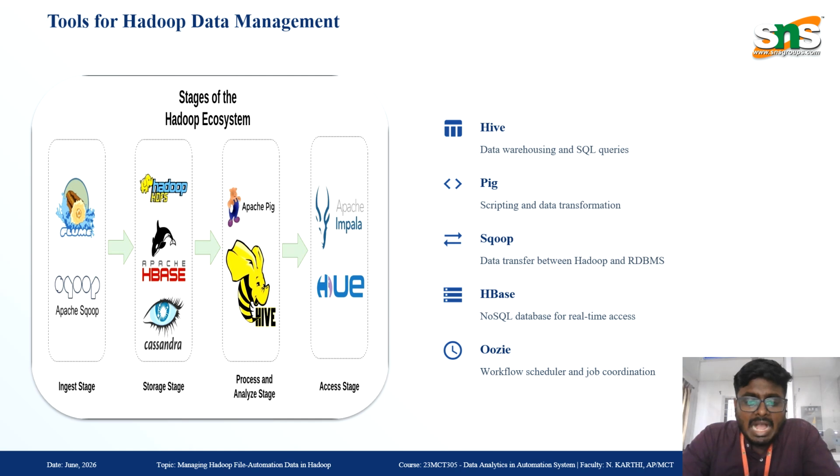It imports and exports data between HDFS and systems like MySQL or Oracle. Then HBase is a NoSQL database built on HDFS for real-time random read or write access. Think of it like a database within Hadoop. And Oozie is the workflow scheduler that coordinates the jobs in the right sequence at the right time.